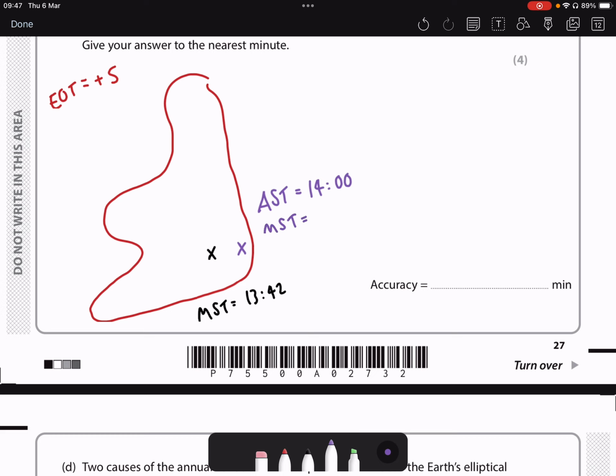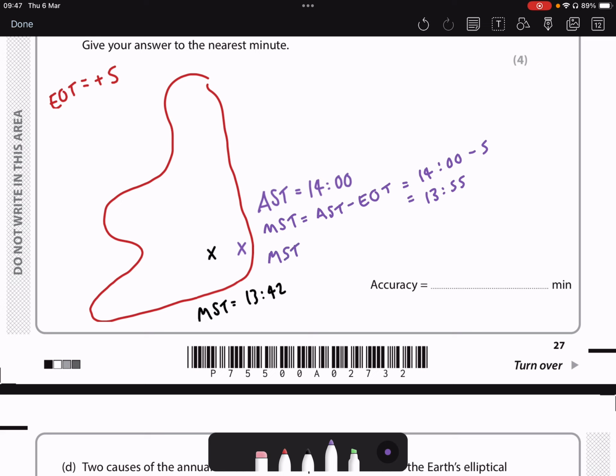So our equation is MST equals AST minus EOT. So we've got 1400 minus 5, so 1355.